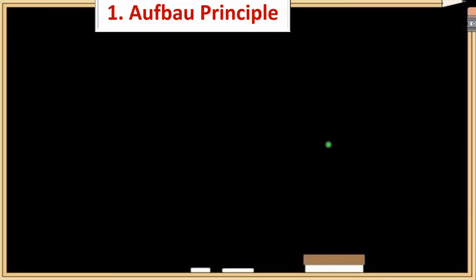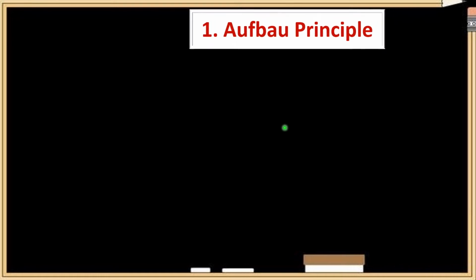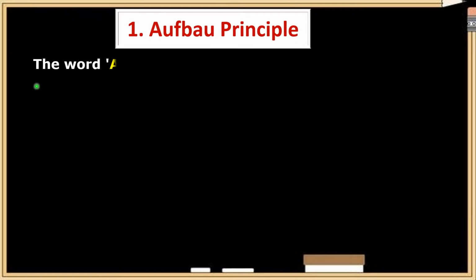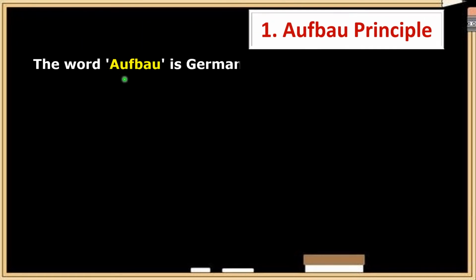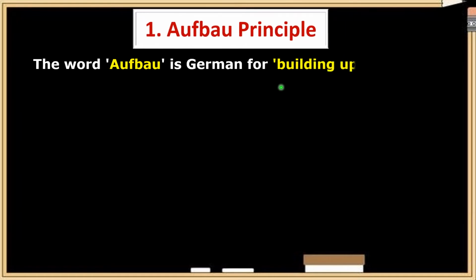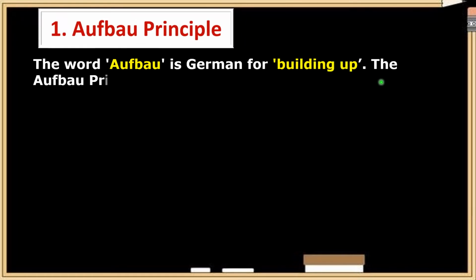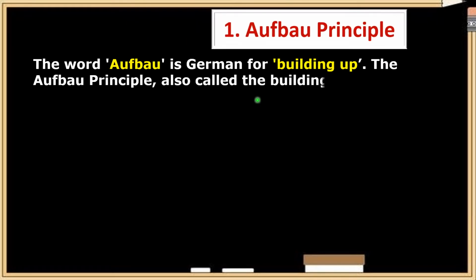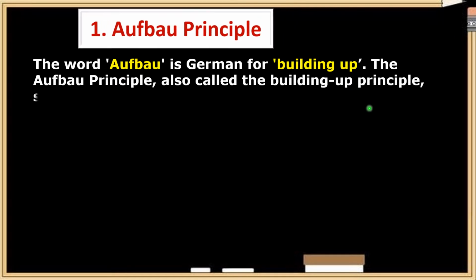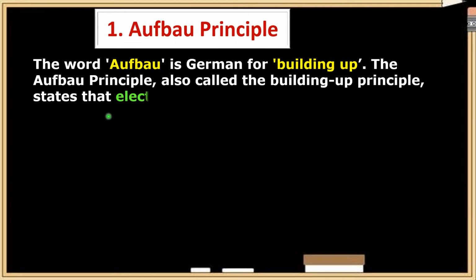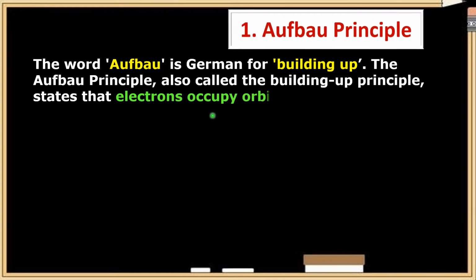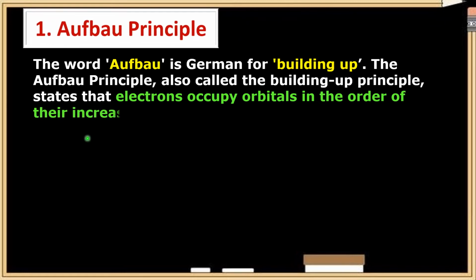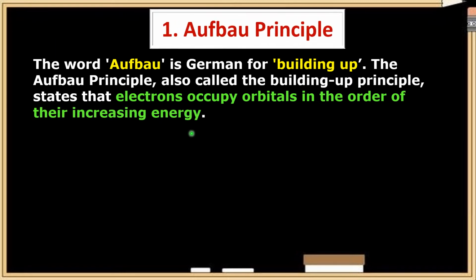Now let us study the rules in detail. Now I am explaining the first rule, the Aufbau principle. The word Aufbau is German for building up. The Aufbau principle, also called the building up principle, states that electrons occupy orbitals in the order of their increasing energy.